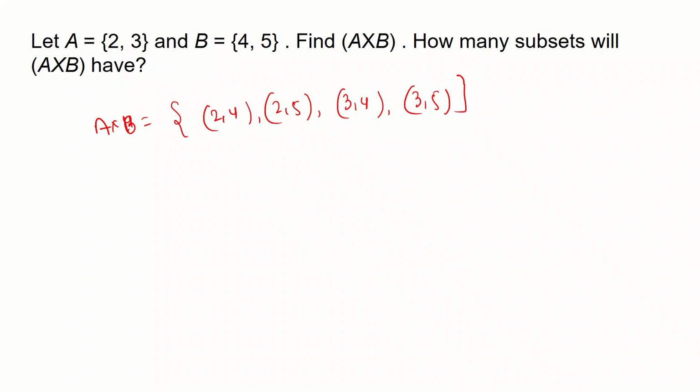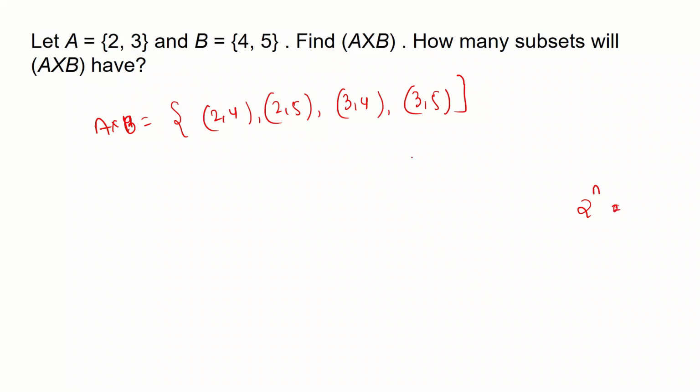How many subsets will A cross B have? Remember the concept of power sets that we discussed in sets. It is just asking the same thing: how many subsets can you form from this given set? We already know that the total number of subsets that can be formed from a given set with n elements is 2 to the power of n.